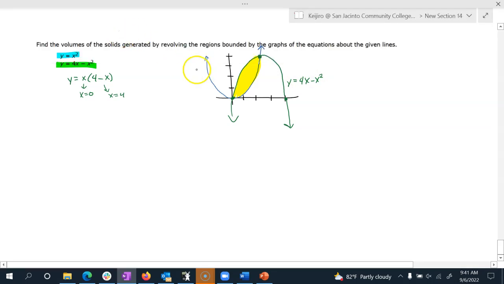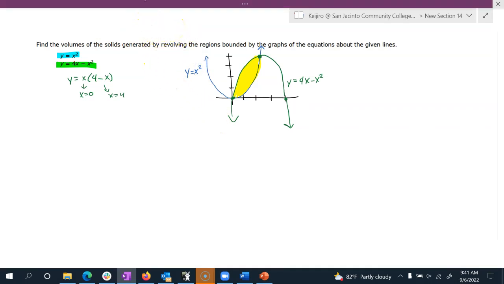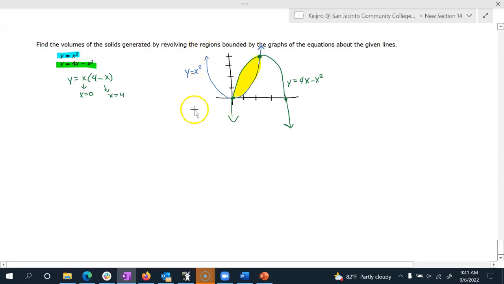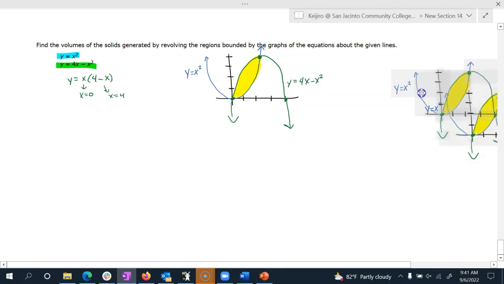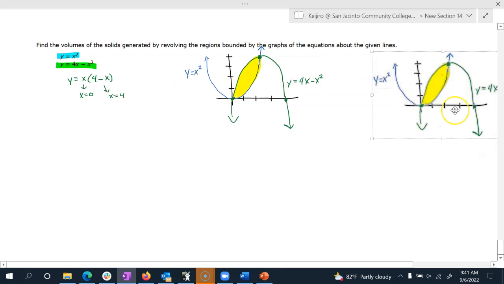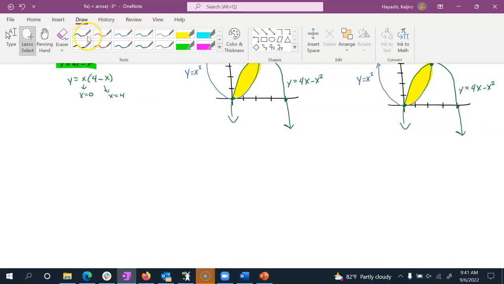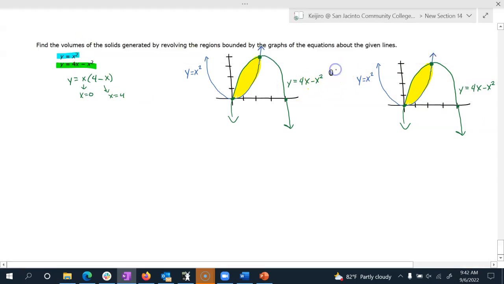And this parabola here is y equals x squared. Don't worry about there being a second one yet. Okay.